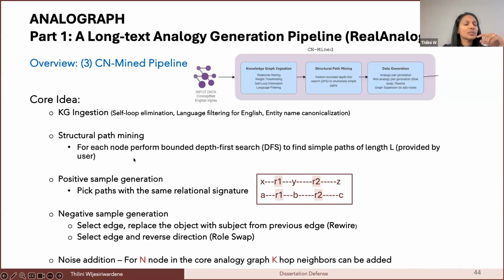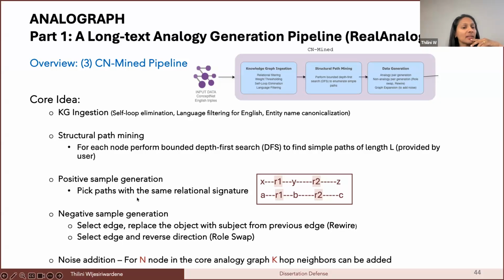Moving on, this is the mined pipeline, for when you don't have any data set. You just have the graph. You do structural path mining based on bounded depth first search, and you find simple paths of length L, which the user of this pipeline can define.